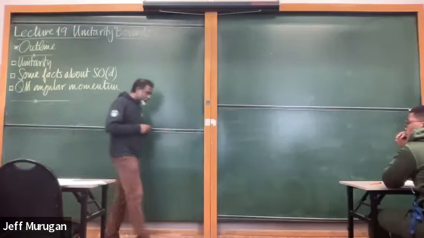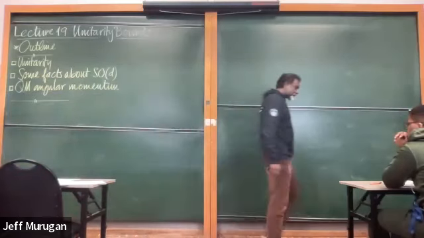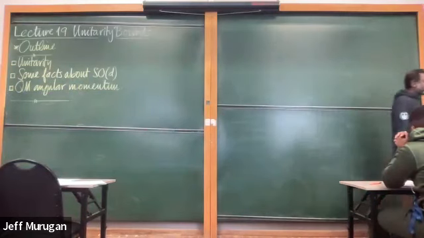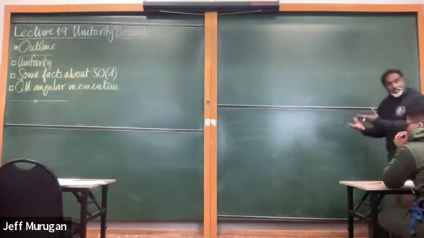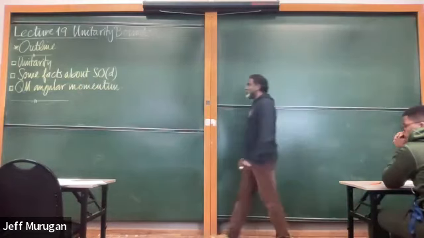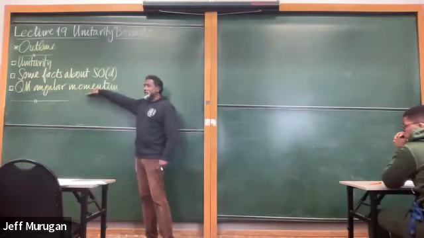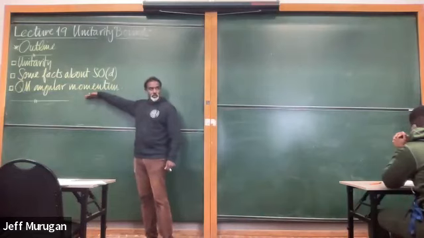Fortunately for us, there's a fair amount of representation theory that is known that we're basically using, and a lot of it comes from direct analogy with what goes on with angular momentum in quantum mechanics.